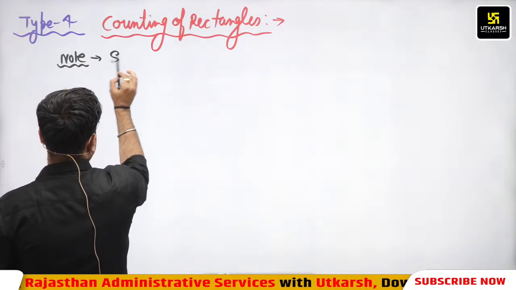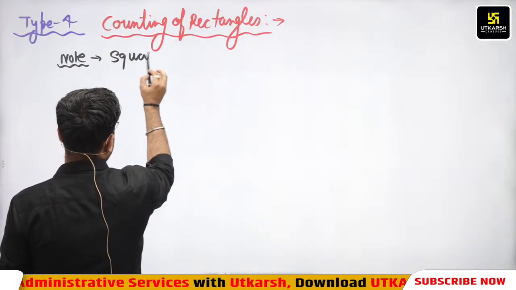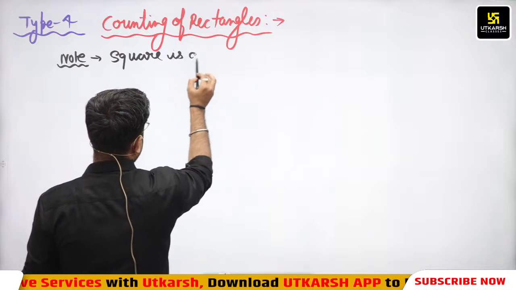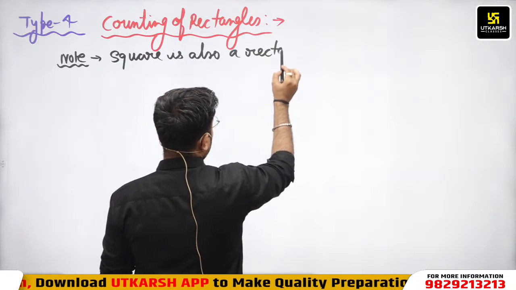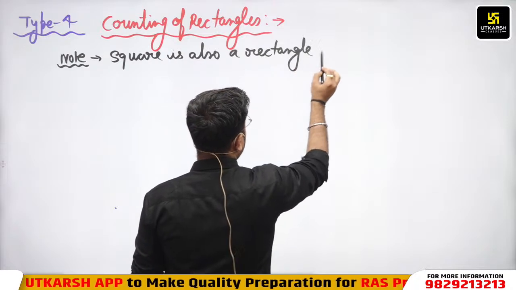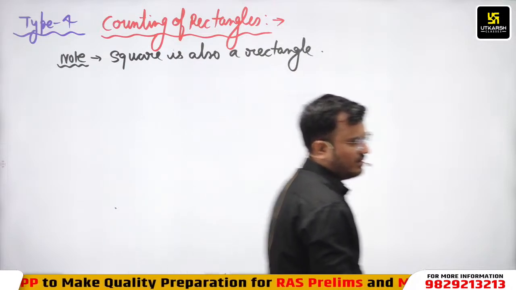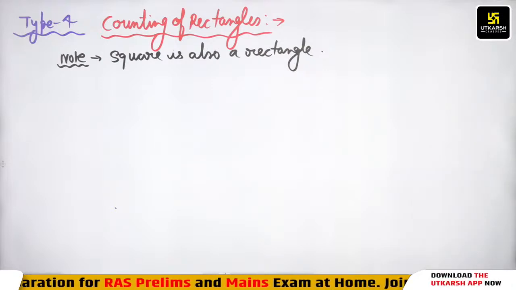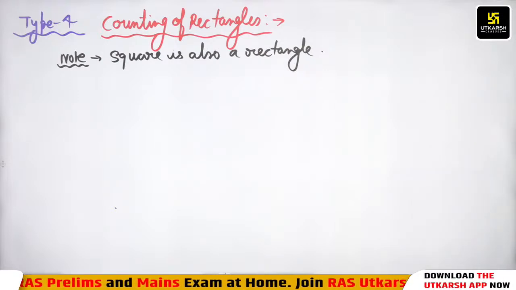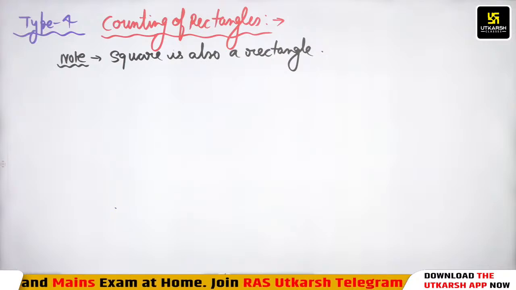A square is also a rectangle, because a square also satisfies the definition of a rectangle.